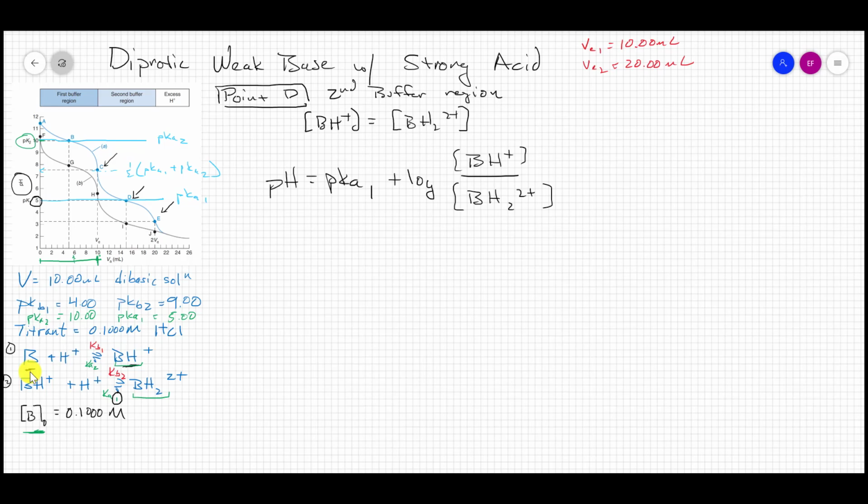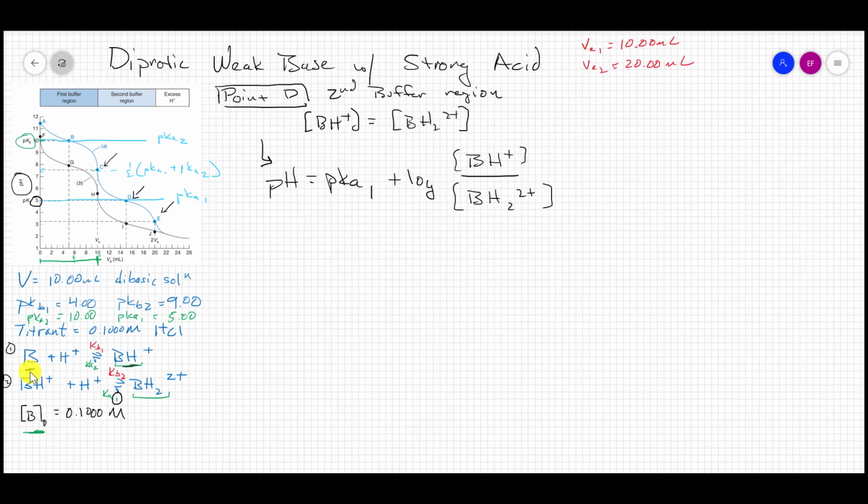So we could compute that. That's easy, but also know that, again, anywhere in the region from any volume added that's in excess of 10, so beyond the first equivalence, but just less than 20, the second equivalence, this is the expression that you'll use for that whole step. And so again, you can compute the moles added and subtract that.